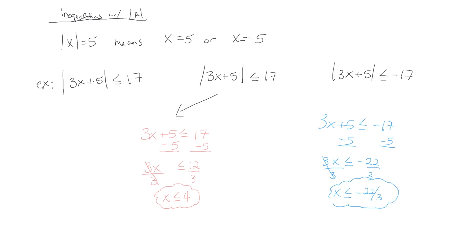The set that includes negative 22 over 3 up until 4.